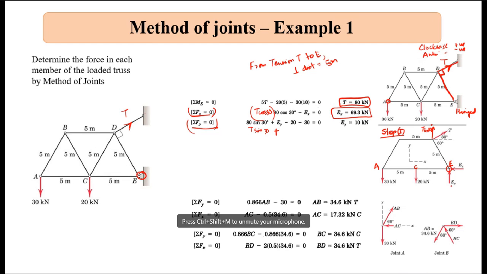Yes, here I have taken Ey and Ex. So I have taken T sine 30 plus Ey in this direction, minus 20 and minus 30, that should be equal to 0. From that, I am getting Ey. Clear?